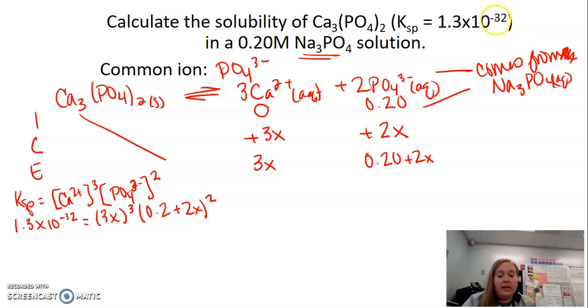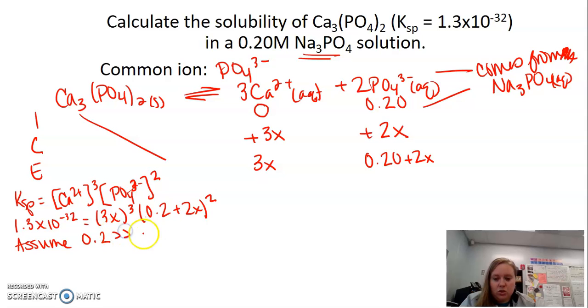Now we have a very small value of K, so we can make the assumption that 0.2 is much larger than 2x. And you should always write these assumptions just so the AP graders know that you understand why we got rid of the 2x.